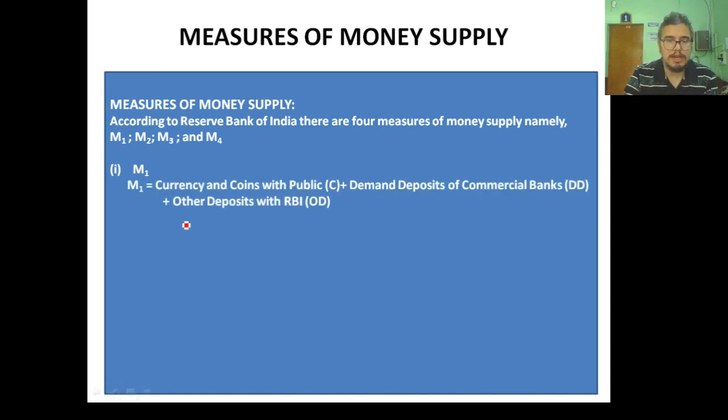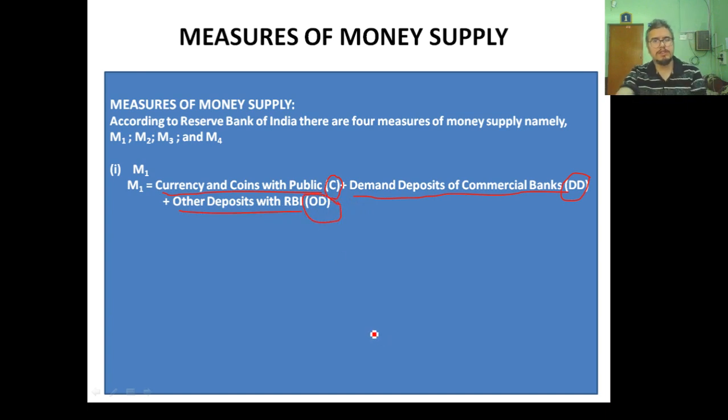They are currency and coins with the public, which can be represented by capital C. Demand deposits of commercial banks, which can be denoted by capital DD. And other deposits with RBI, which can be represented by OD.